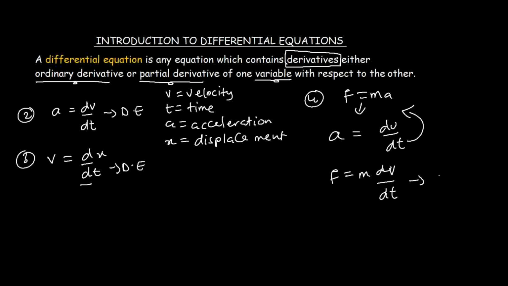So this now becomes a differential equation because we now have the derivative of v with respect to t in this equation. Therefore, we can tell that the equation for Newton's second law of motion is also a differential equation.